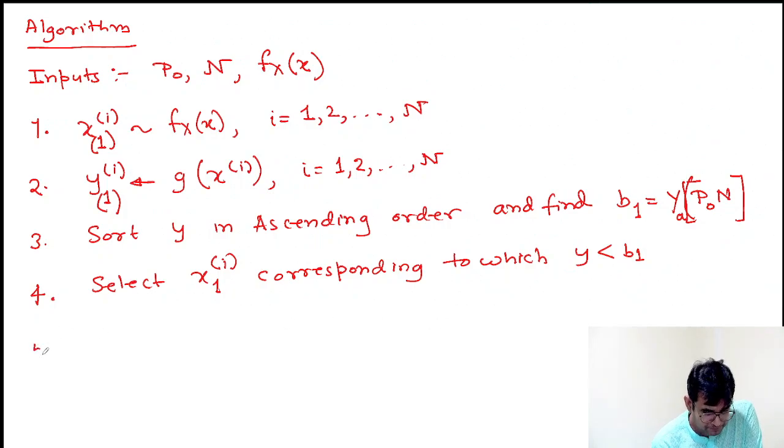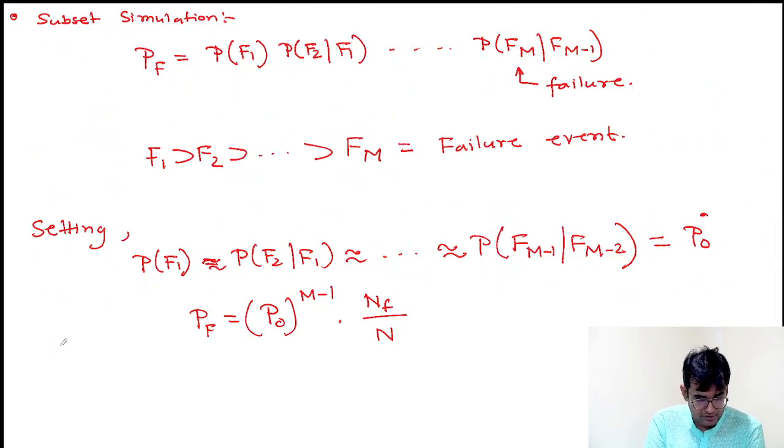Step 5, what will you do? Remember, at this step you are already done with computing P of f1, right? Step 5 should now focus on P of f2 given f1. So you need to draw samples x such that f1 holds.